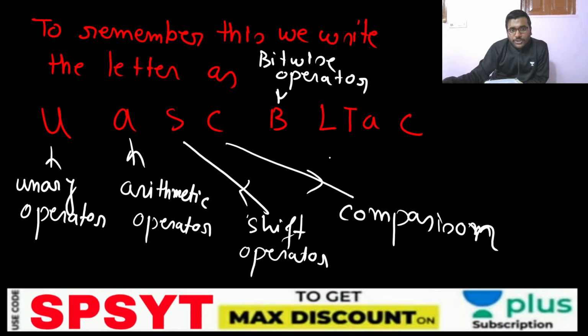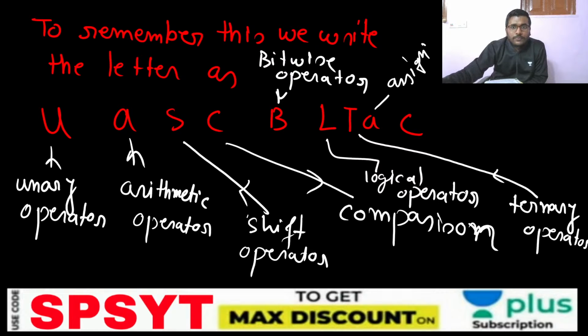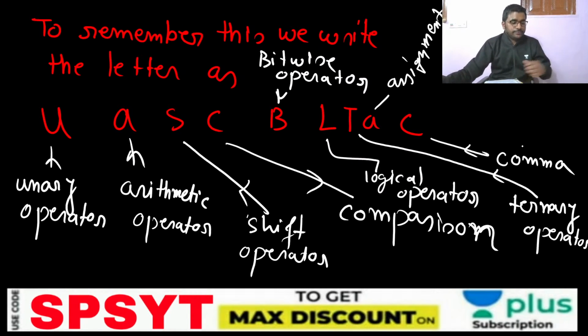L stands for logical operator: logical AND, logical OR. T stands for ternary operator. A stands for assignment operator. C stands for comma. Understood? So like this you can remember the things.